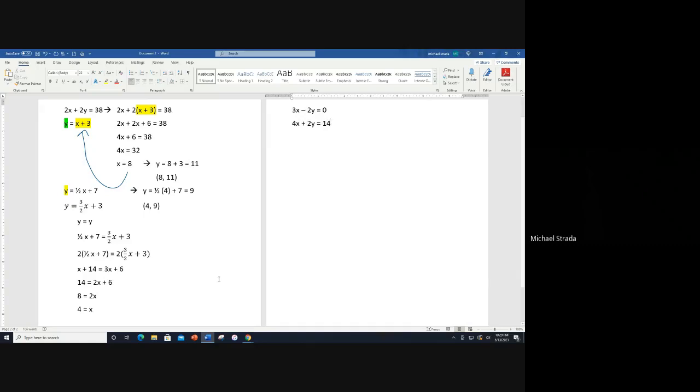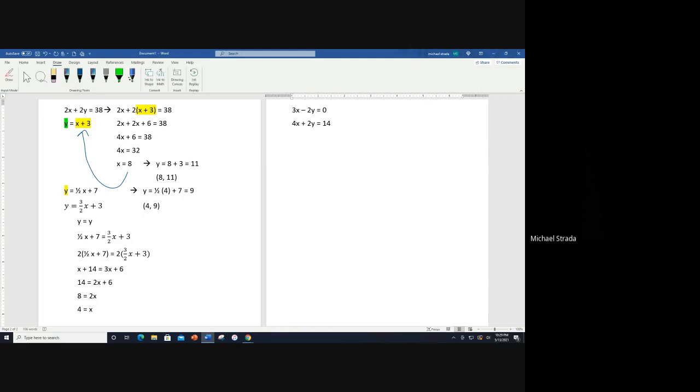You'll notice we have two variables that are opposites of each other, the negative 2y and the positive 2y.